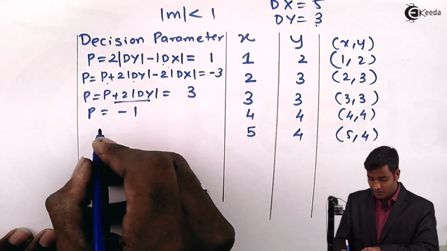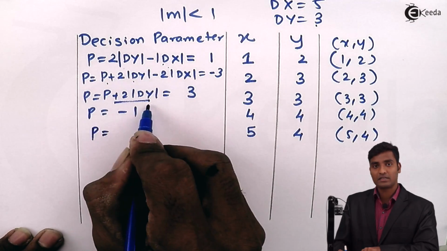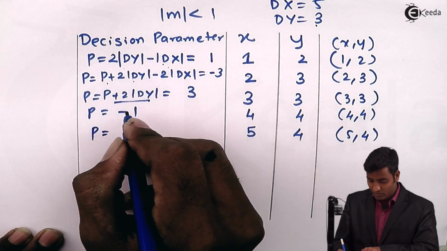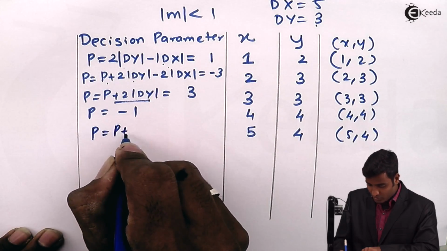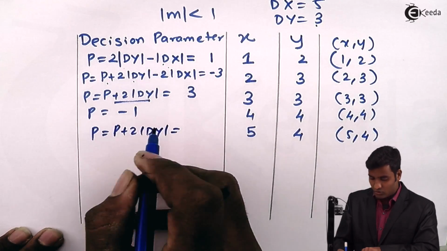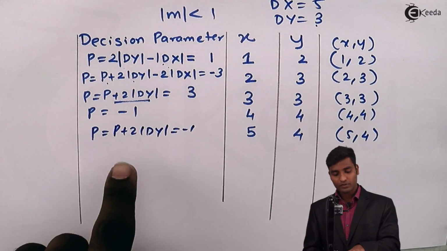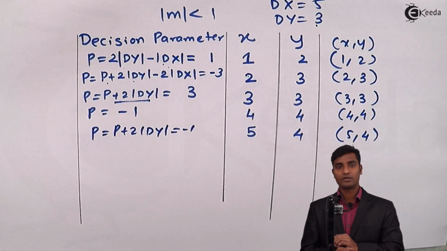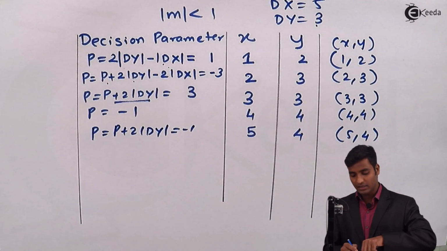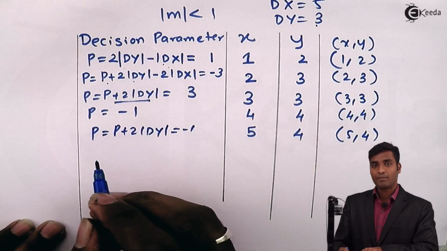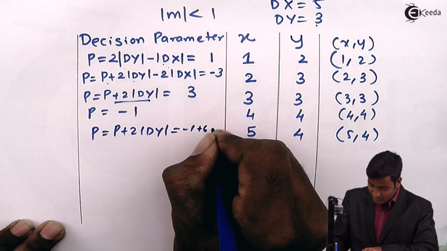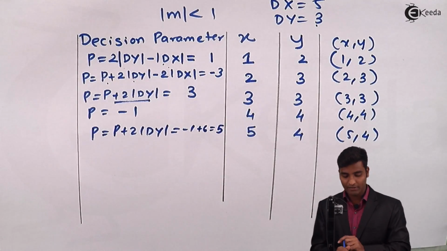After calculating this term, I use p plus 2 dy, so the original value of p is minus 1, and multiplying 2 with dy, that is 2 into 3 is 6, so minus 1 plus 6 comes out to be 5, which is a positive value.